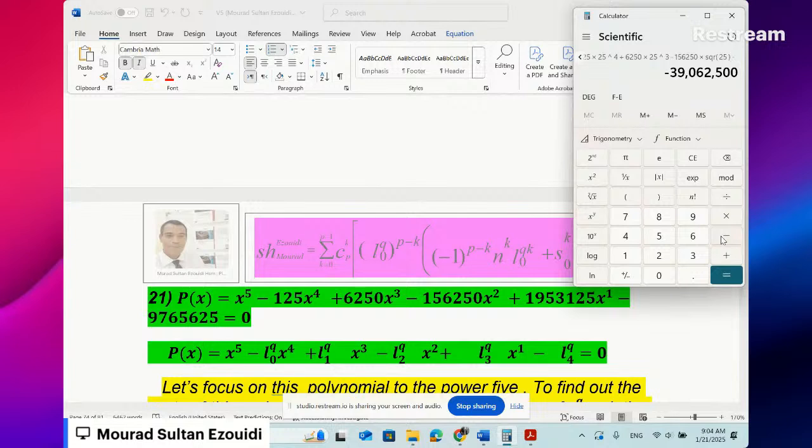Sorry, minus this amount 156,250, plus, not minus, plus 1,953,125 multiplied by 25.